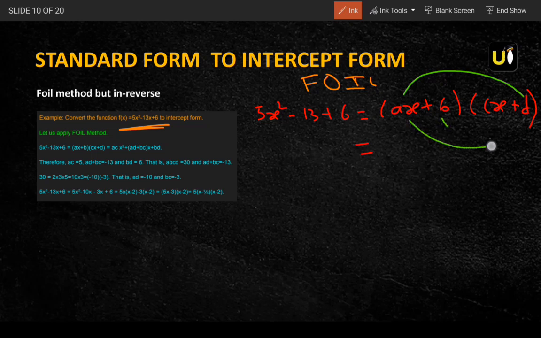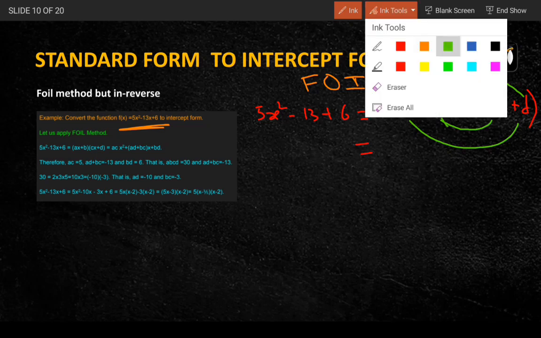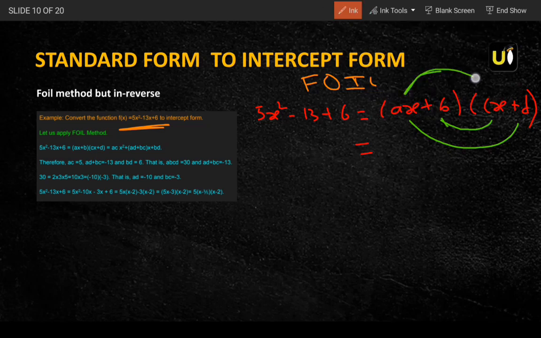So that means it is ac x square plus bcx plus adx plus bd.